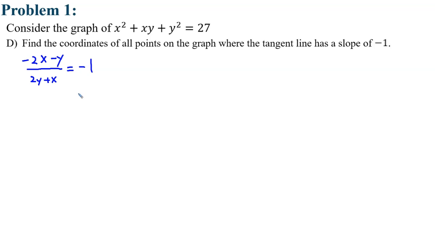First step we want to do is get rid of our fraction. So here we're thinking of our entire equation, not just the numerator or the denominator. So I'm going to multiply both sides of this by 2y plus x. That's going to cancel out my denominator, leaving me with -2x minus y is equal to, we can distribute here, -2y minus x.